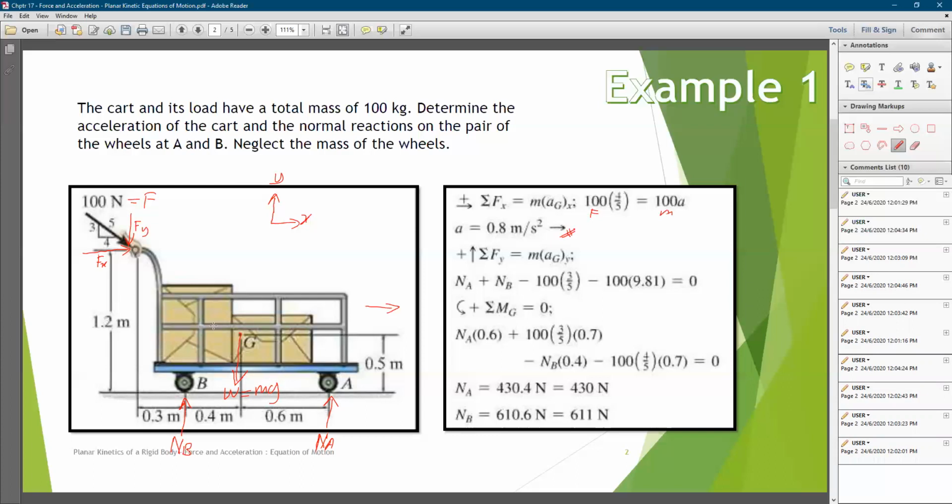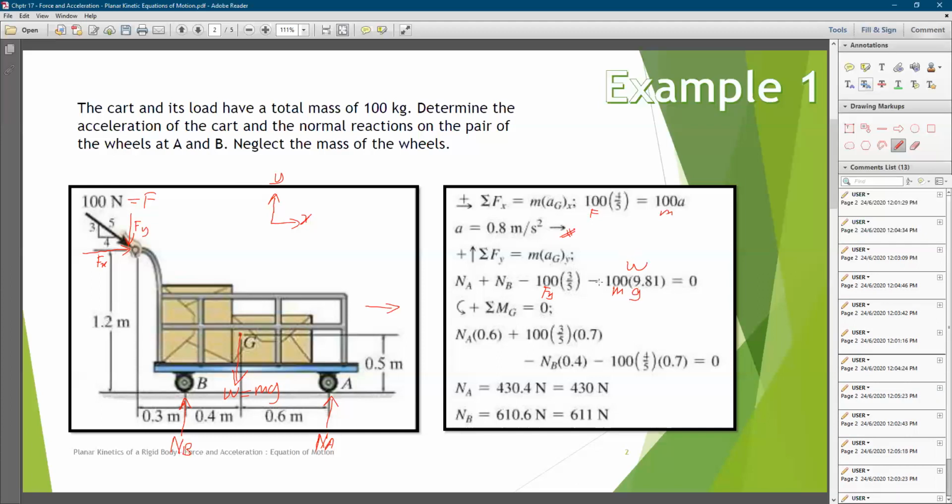So now we have four forces: two pointing upwards, and another two pointing downwards. The NA and NB, the reaction forces at A and B at both wheels, are positive, and then we minus the F. This is Fy, and then here is mg, the weight actually.